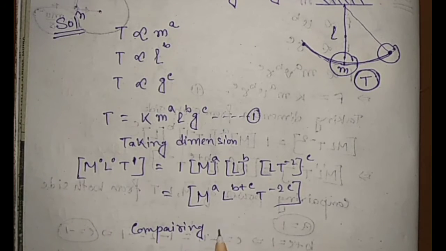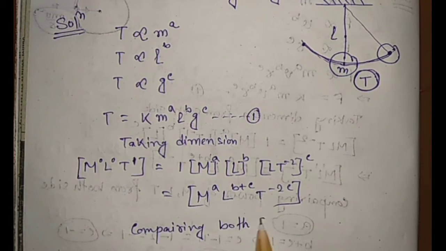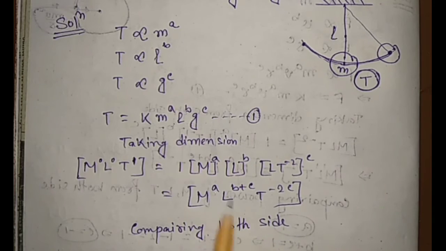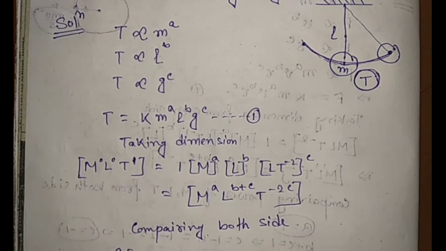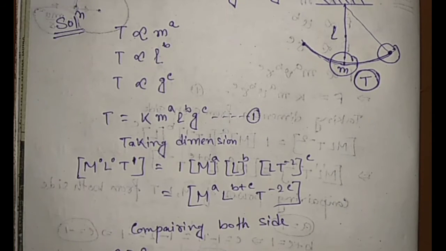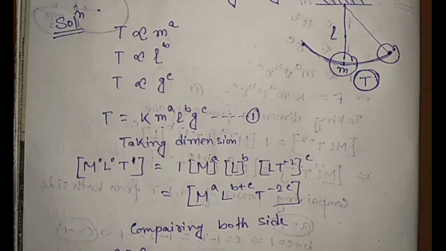Okay, now comparing both sides the powers of M, L and T: a equals 0, b plus c equals 0 and minus 2c equals 1. That means c equals minus 1 by 2. Now b equals minus c, that is half.